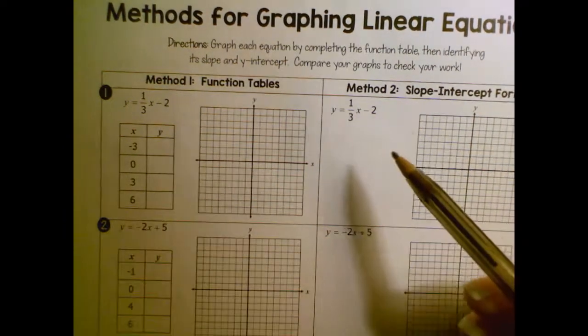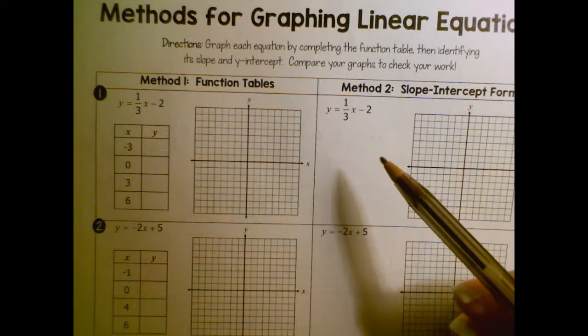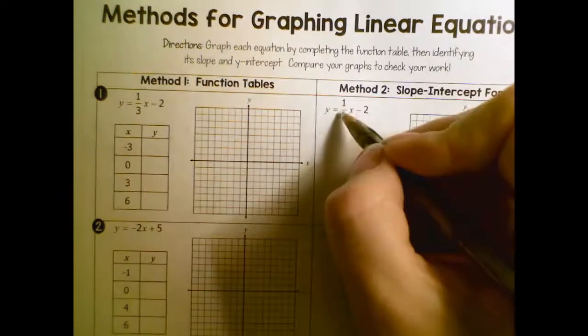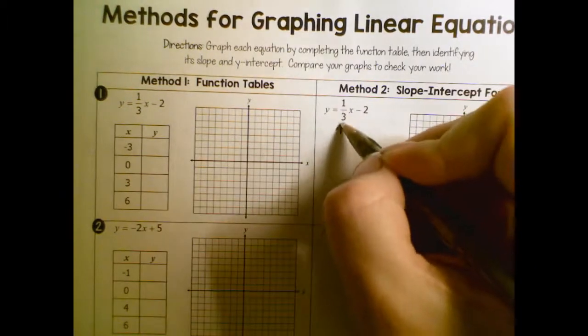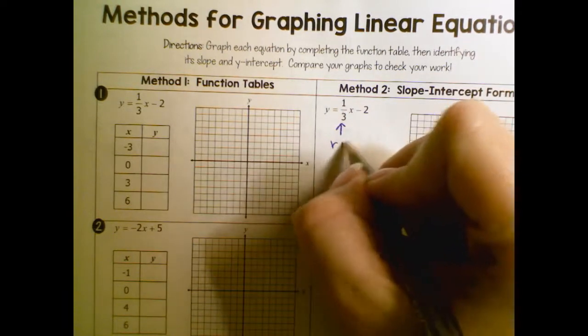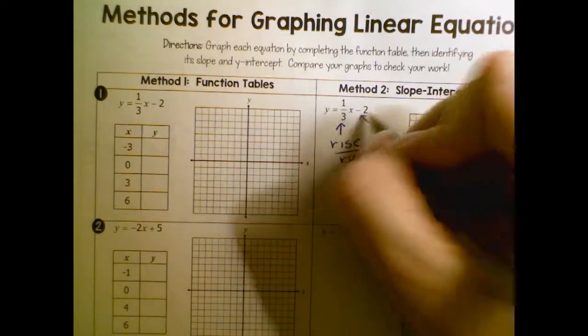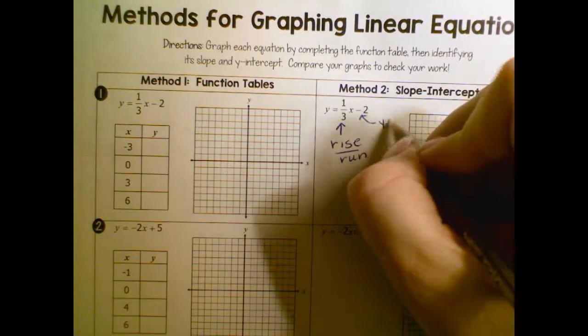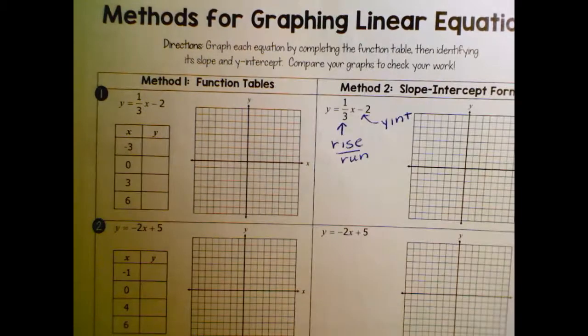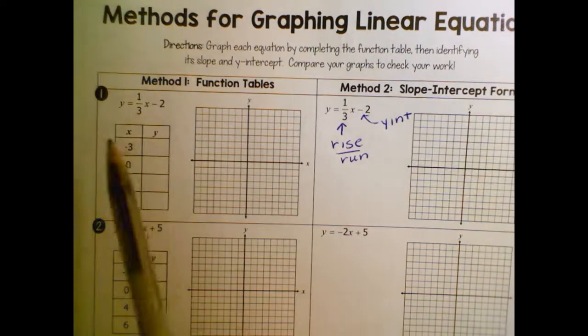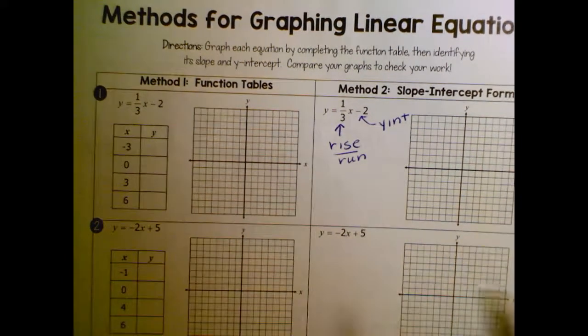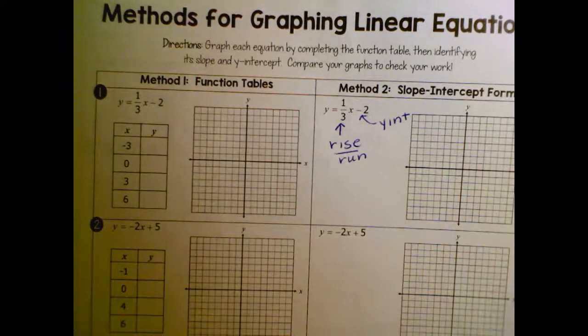Then we've also talked about using the slope-intercept form, where we have our slope, our rise over run, and then our y-intercept. So we're going to do both methods today. Our equations for both are going to be the same, so our lines or our graphs should be the same.